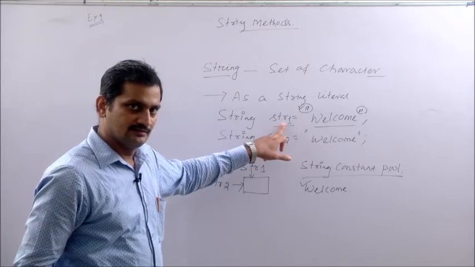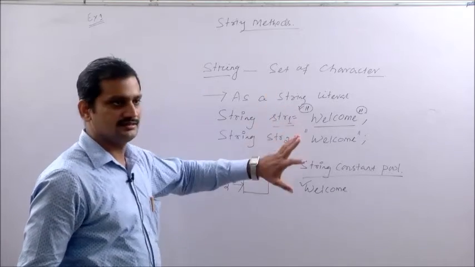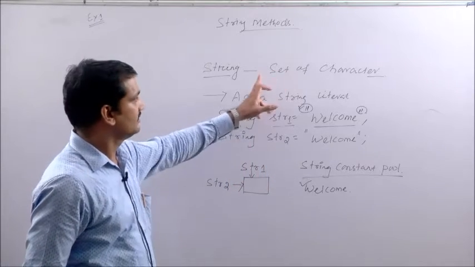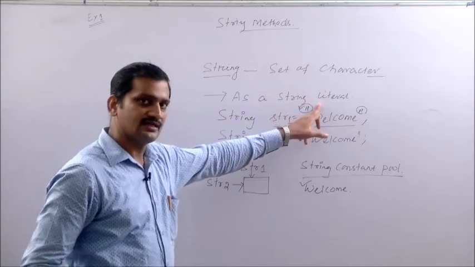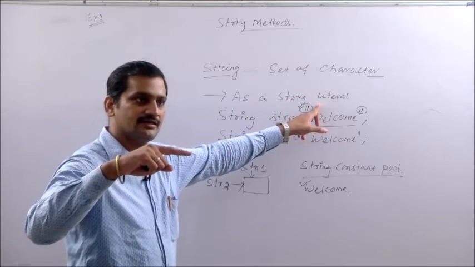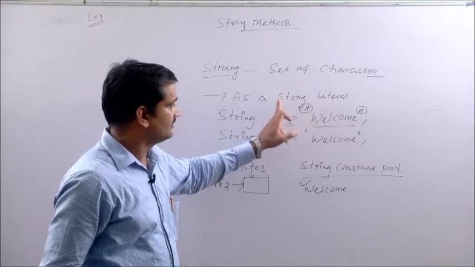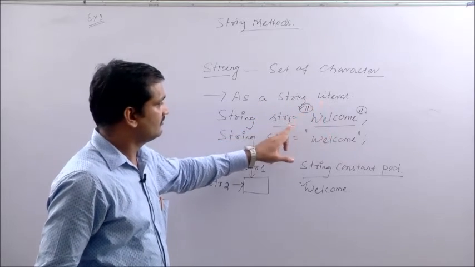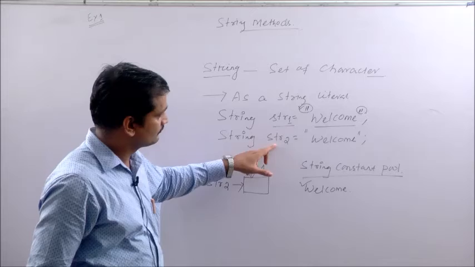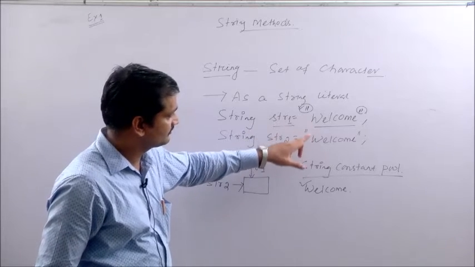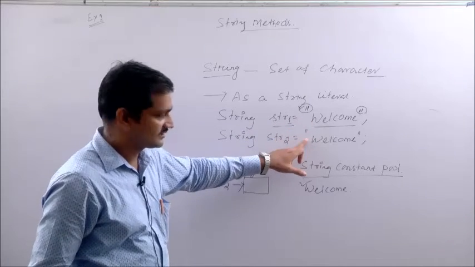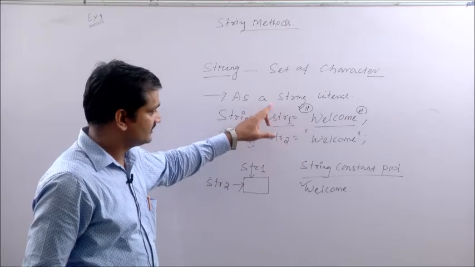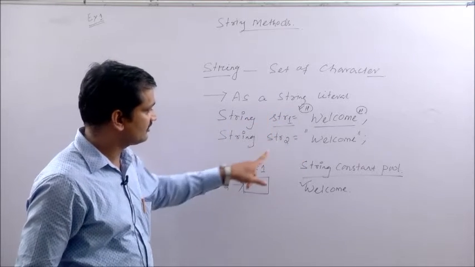Whenever we are creating a string literal, this is the characteristic, the difference between creating a string as a string literal and creating a string by using the new operator. While creating strings as string literals, when the values of two string objects are the same, the JVM is not going to create a separate object.